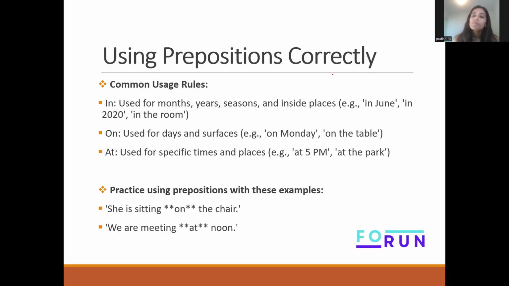So how to use these prepositions correctly, right? In is specifically used for months, years, seasons, and inside places. For example, month: in June; year: in 2020; inside: in the room; seasons: in autumn. On is used for days and something that is on the surface of a thing.